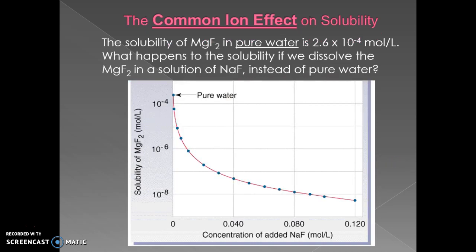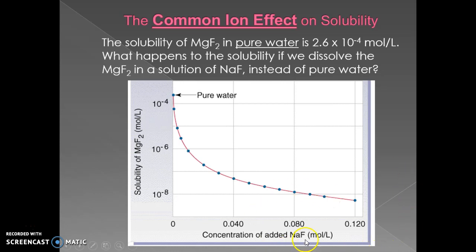Okay, next idea is the idea of the common ion effect. What if I had magnesium fluoride in something where it wasn't just pure water? Okay, so that's the situation. If I'm putting the ionic substance into a solution where there are already ions present, especially a common ion present, that's going to change the solubility.